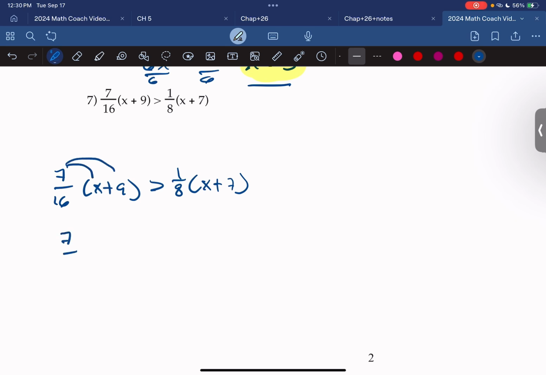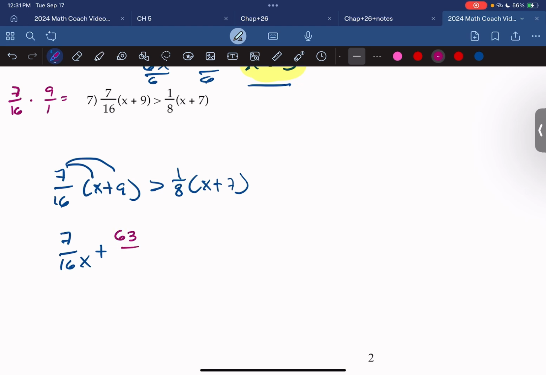So 7 over 16x plus, let's do this off to the side in a different color. 7 over 16 times 9. Is there anything in common with these numbers? There is not really anything in common with the numbers. So all that we can do is just multiply them across.